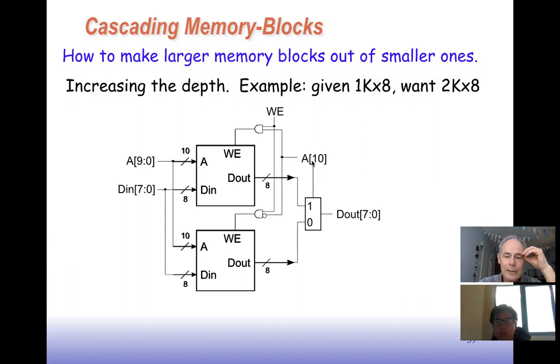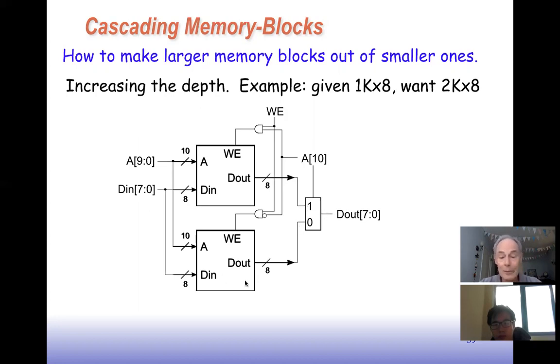If A10 is a 0, the word we're looking for is in the lower half of the address range. If A of 10 is a 1, the word we're accessing is in the upper half of the address range, so it will be the one coming out of this memory. We'll choose that with the multiplexer, and the other one just gets discarded.